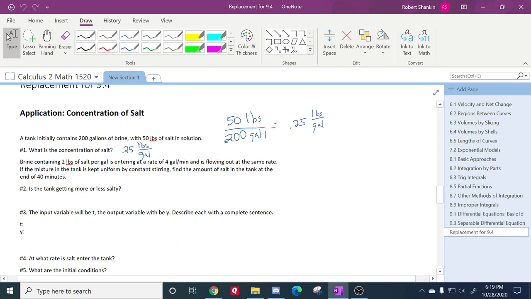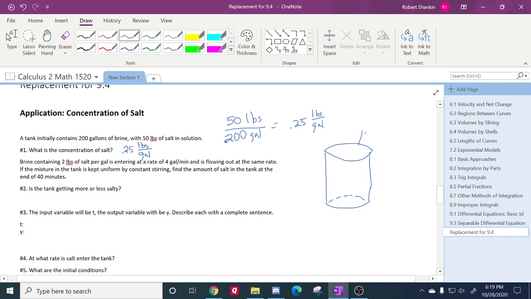Brine containing 2 pounds of salt per gallon is entering at a rate of 4 gallons per minute and is flowing out at the same rate. So we might think of this as, we've got this great big barrel that's holding 200 gallons.